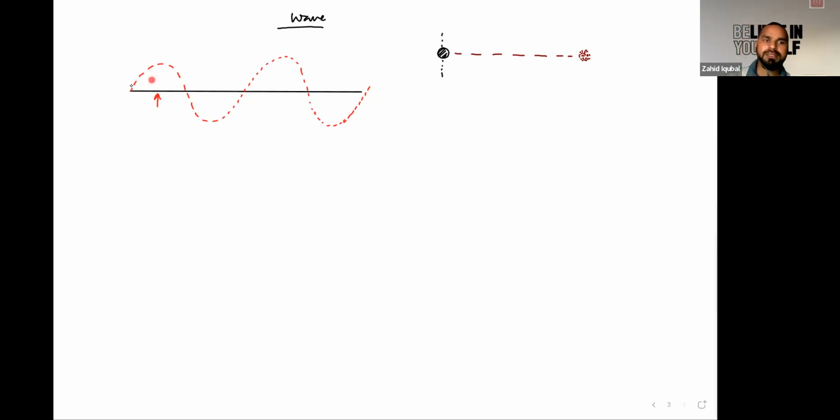In this case, this disturbance will propagate from one point to another, but the particles present at this point, this point, this point will remain at their original position. There is no displacement of particles from one point to another, but in this phenomenon, energy and momentum are going from one point to another. So this is called wave. So wave we can define: it is a phenomenon of transferring of energy and momentum from one point to another without displacement of matter particle.